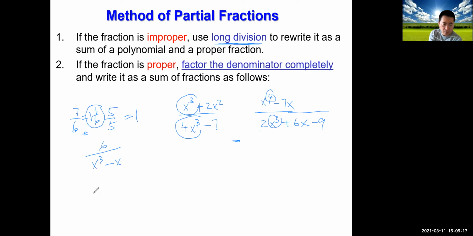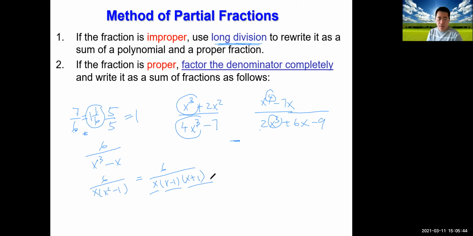If you factor out the x, then you have x squared minus 1, but then you don't stop there because it's not completely factored. Then we have the difference of squares here. That's the same as x times x minus 1 times x plus 1. So you see I have 3 factors at the bottom.